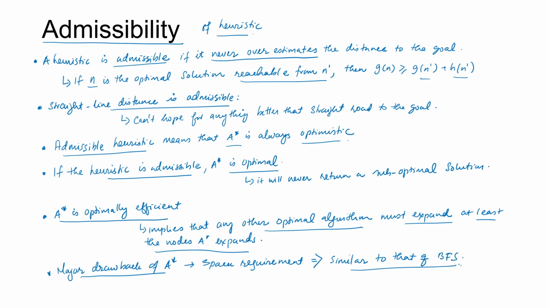So, a similar space requirement problem as that of breadth first search is also a part of A star, that is a big issue. The space requirement is an issue with A star, but if you look into it, it is optimally efficient and it is also optimal and it is optimistic. Okay. As long as the heuristic is admissible, then A star is optimistic, optimal and efficient.